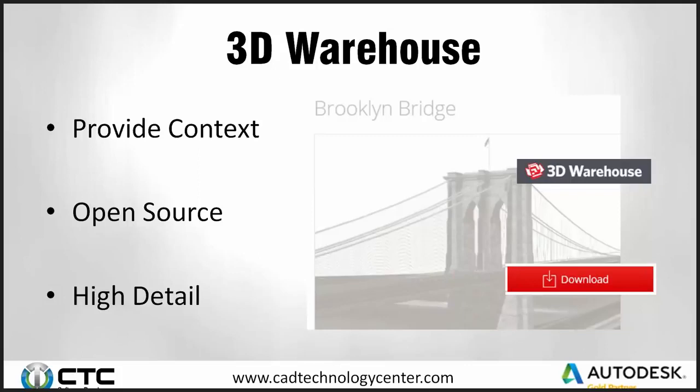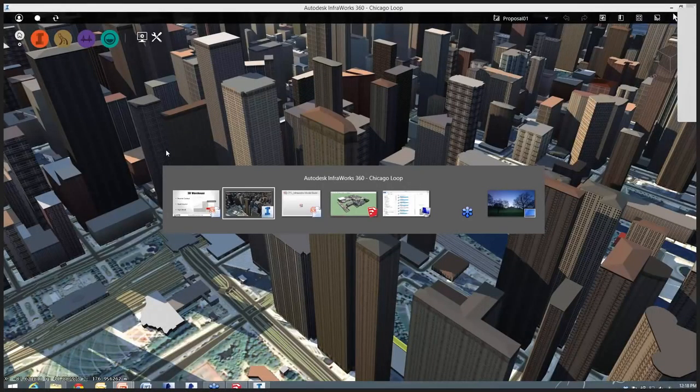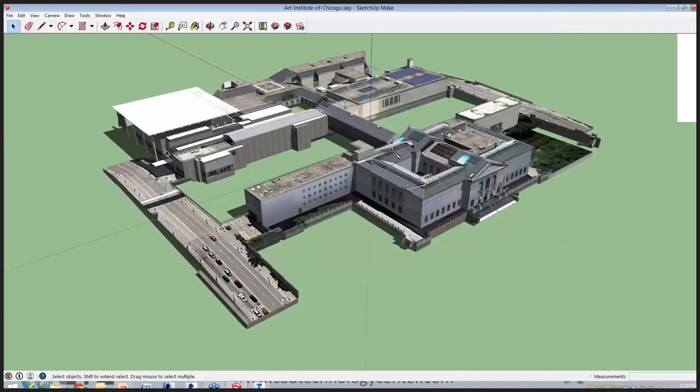Again, 3D Warehouse is open sourced, so you're able to go through the web and find 3D buildings such as I have here. This particular building is the Art Institute of Chicago. It's a file that I had brought in. However, some of these native SketchUp files don't pull directly in well.